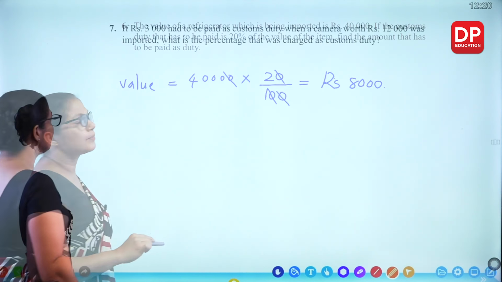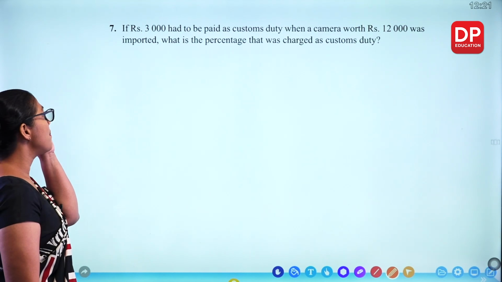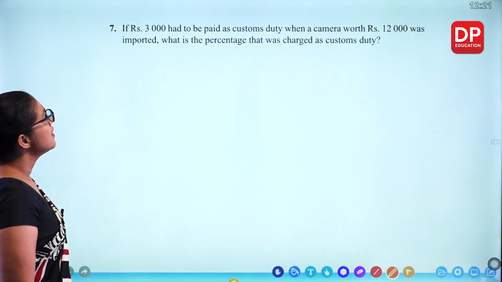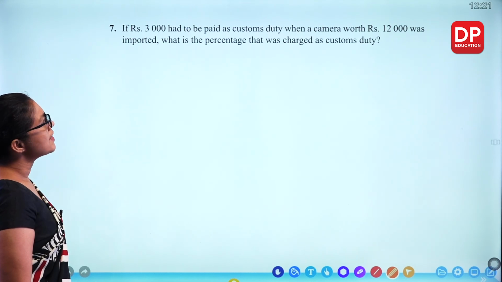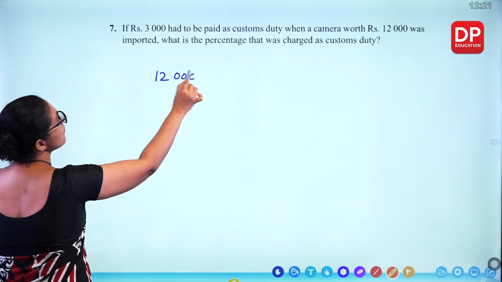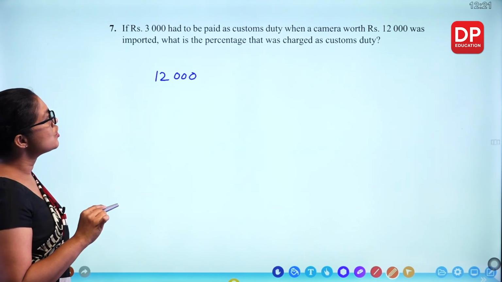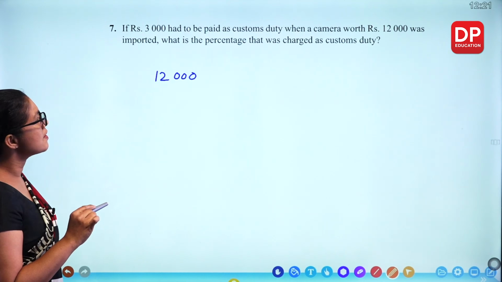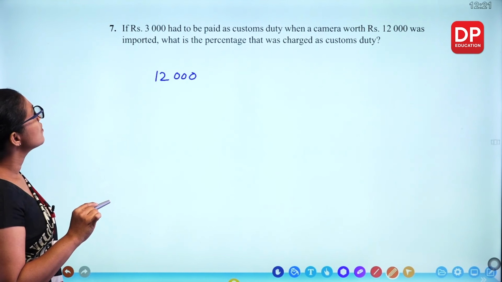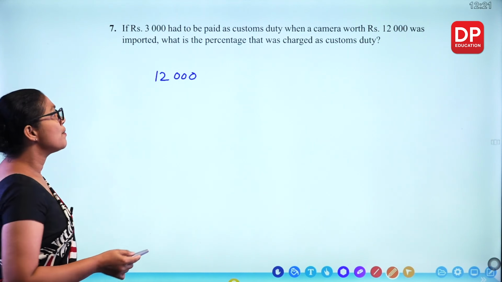Question number 7. If 3,000 had to be paid as customs duty when a camera worth 12,000 was imported, what is the percentage that was charged as customs duty? So here 3,000 had to pay it for custom duty. You are asked to find out the percentage value.